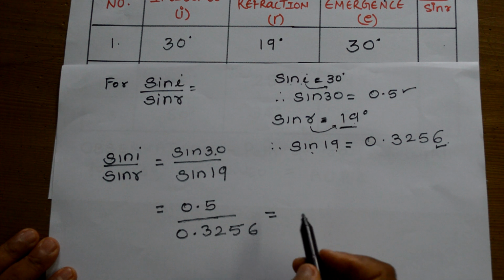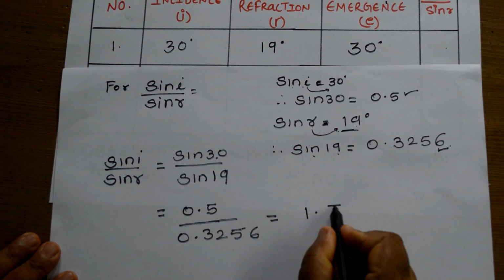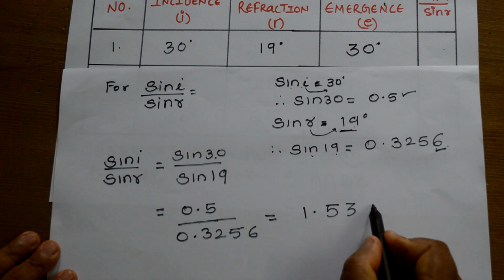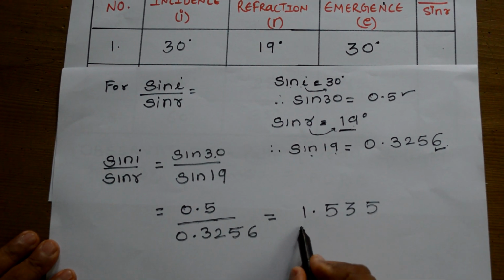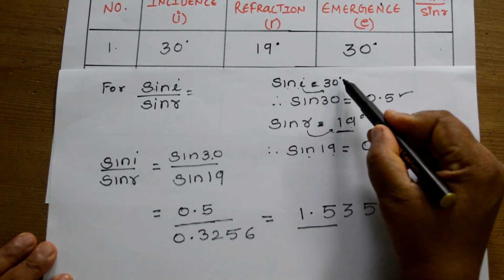When we divide, the answer which we get is 1.535. This is the refractive index of the glass slab when the angle of incidence is 30 degrees.